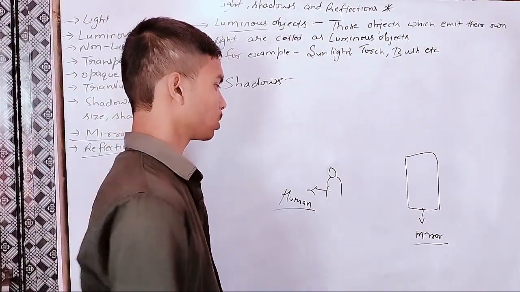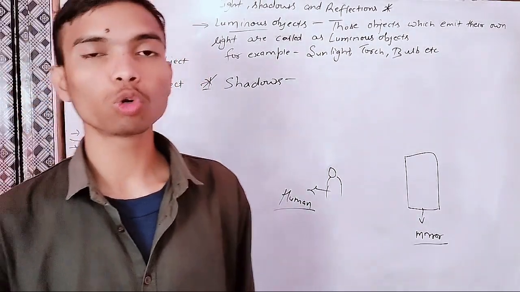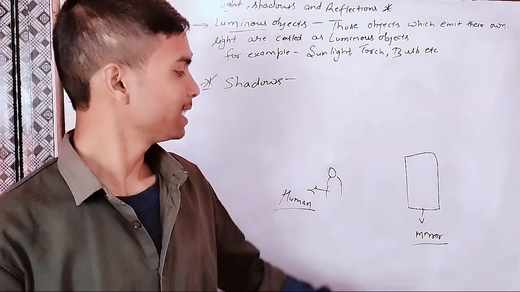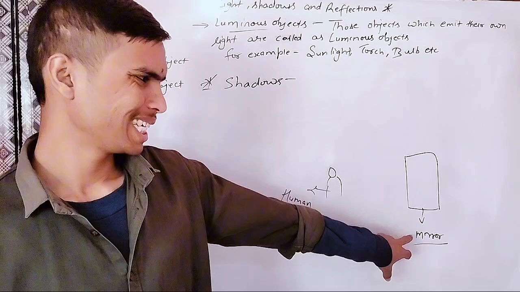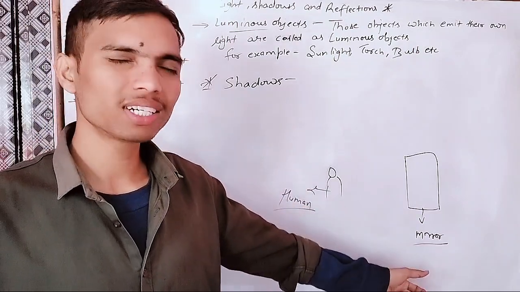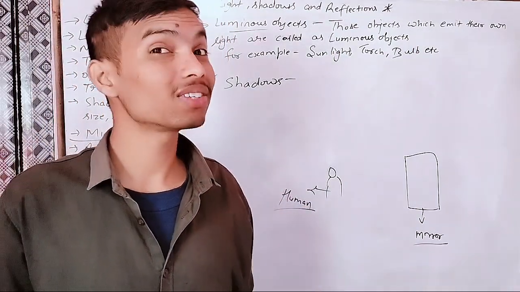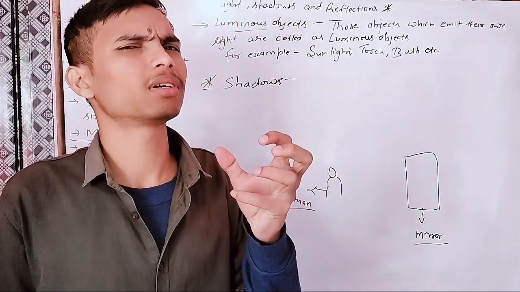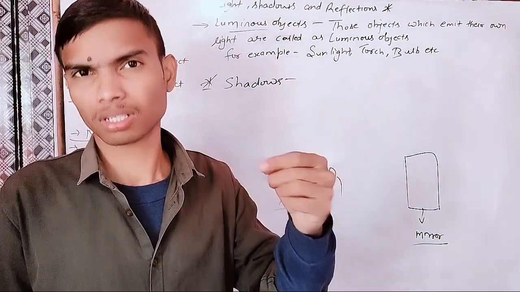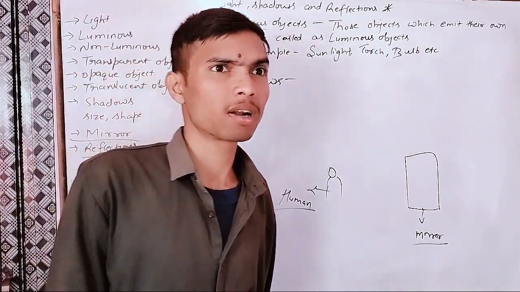Now, first of all, you need to be clear. Tell me, is this mirror a transparent object, or a translucent object?